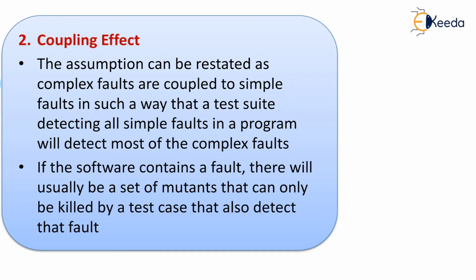That means, as I stated, the assumption can be restated as complex faults are coupled to simple faults in such a way that a test set detecting all simple faults in a program will detect most of its complex faults. That means if there is the coupling effect, how coupled they are, how they are tied up, if they have a strong bond.